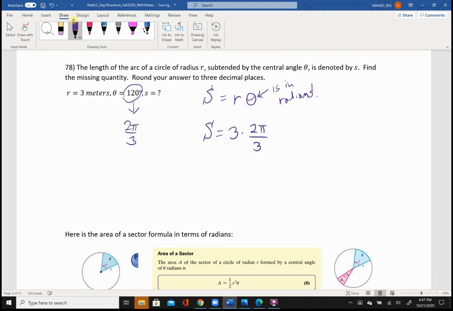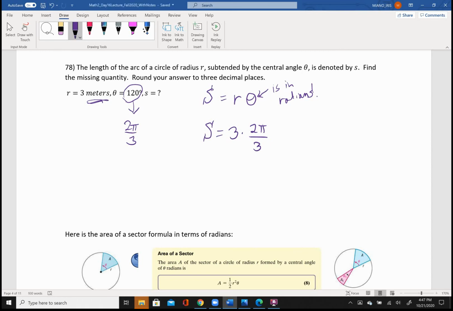And the units here are 3 what? Meters, right? So it's cool that we have this unitless measure in the angle theta, so that when we multiply it by this meters value, we're going to get meters popping back out again, which is exactly what we want for the arc length, because the arc length is a distance.